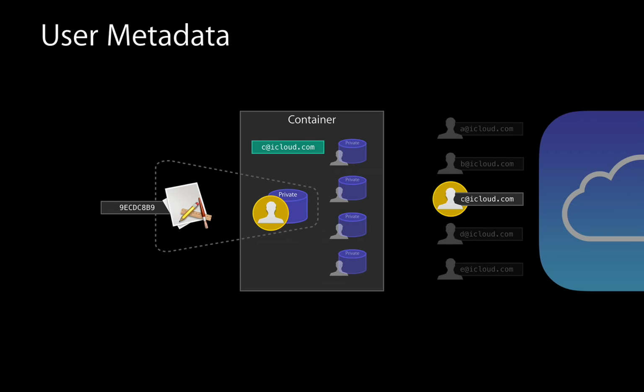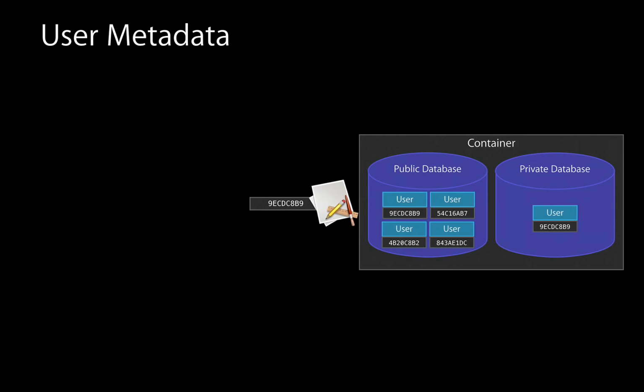And quickly to recap the problem, what we have here is we have a stable identifier, and we've got a desire to set key value pairs based on that identifier. I don't know about you, but to me that sounds very much like what a record was built to do. So we expose users as user records. Looking inside a container and within a database, we see that there is one user record in the private database.